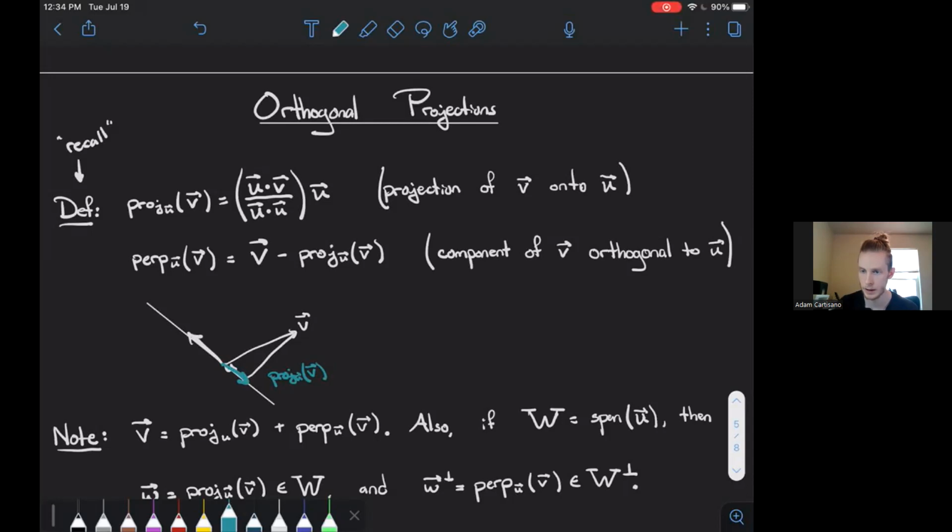The name for that little blue vector is the projection of v onto u. If you then do v minus that vector, by vector subtraction, you'll get precisely this vector, which is the component of v orthogonal to u. That vector dotted with u gives you 0 because they form a right angle.